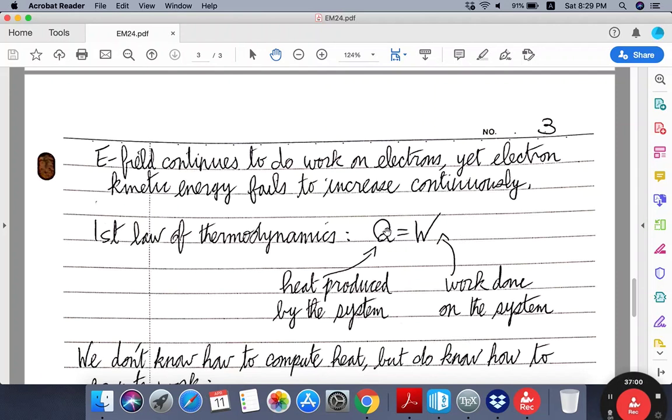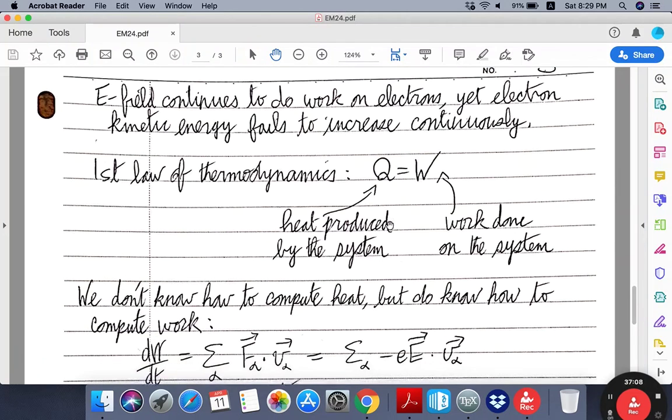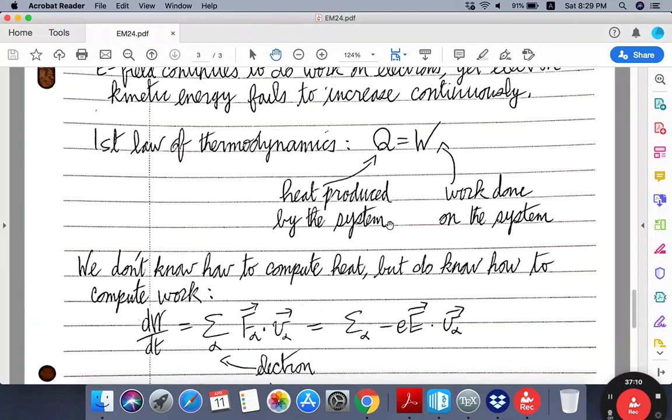But that sentiment is precisely what's captured by the first law of thermodynamics, right? When you do work on the system, it's entirely possible that the work is converted all into heat produced by the system.